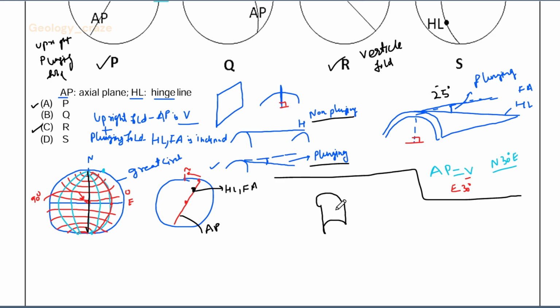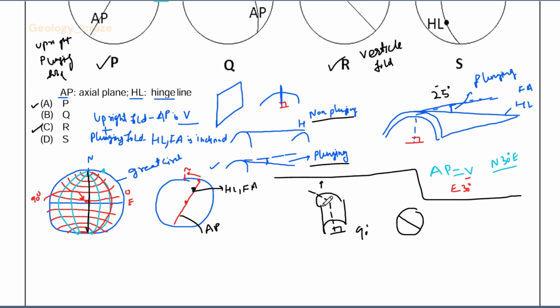Now if I construct one axial plane, our axial plane is 90 degrees with the horizontal plane. Now our line will pass through the center, and suppose this is our north, so it is in the north west direction. So the line will pass through the center.